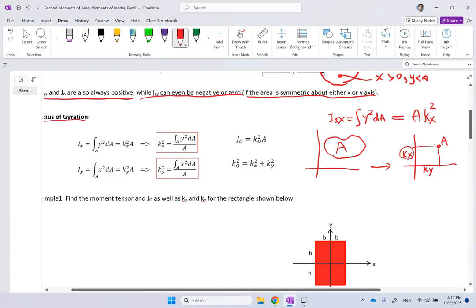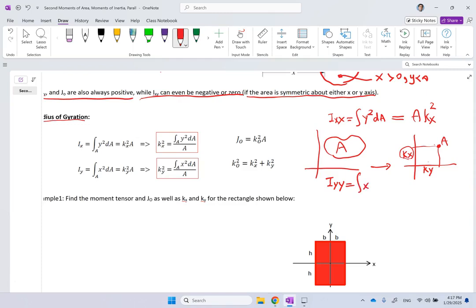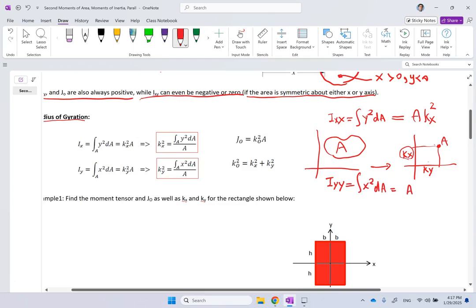So we say these two are equal. And similarly, Iyy, which is the integral of x squared dA, we say this is the area times the distance of A with respect to the y-axis, and the distance of A to the y-axis is ky, so it's going to be A ky squared.